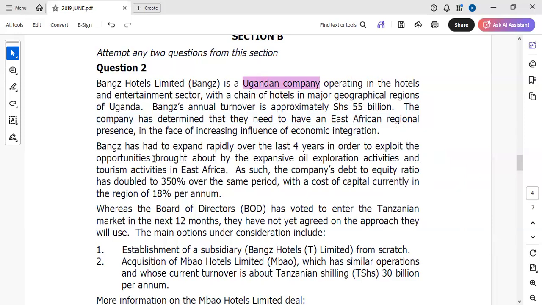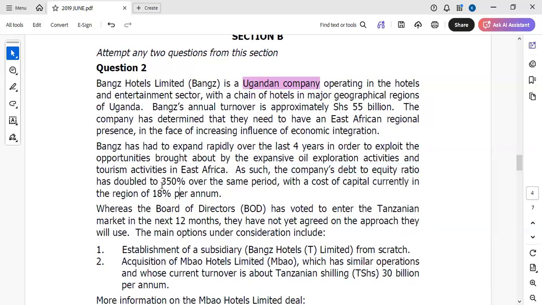They are telling us that Baganzi has had to expand rapidly over the last 14 years in order to exploit the opportunities brought about by the expansive oil exploration activities and tourism activities in East Africa. As such, the company's debt to equity.